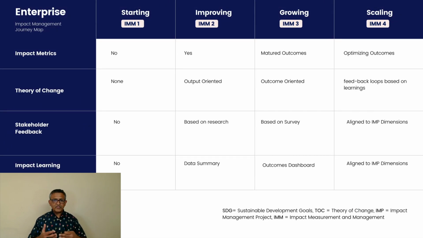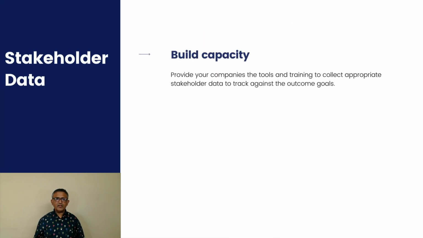Same way, we have a similar classification for enterprises so that they can become a leading platform, leading enterprise that is maximizing impact. And in that sense, everybody is really looking for funding around those kind of initiatives which can scale impact in a much bigger way altogether.